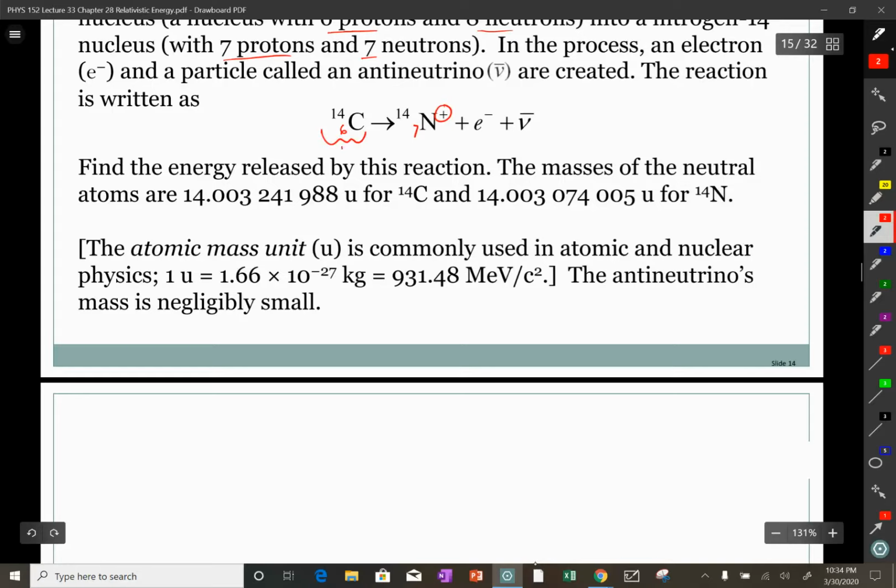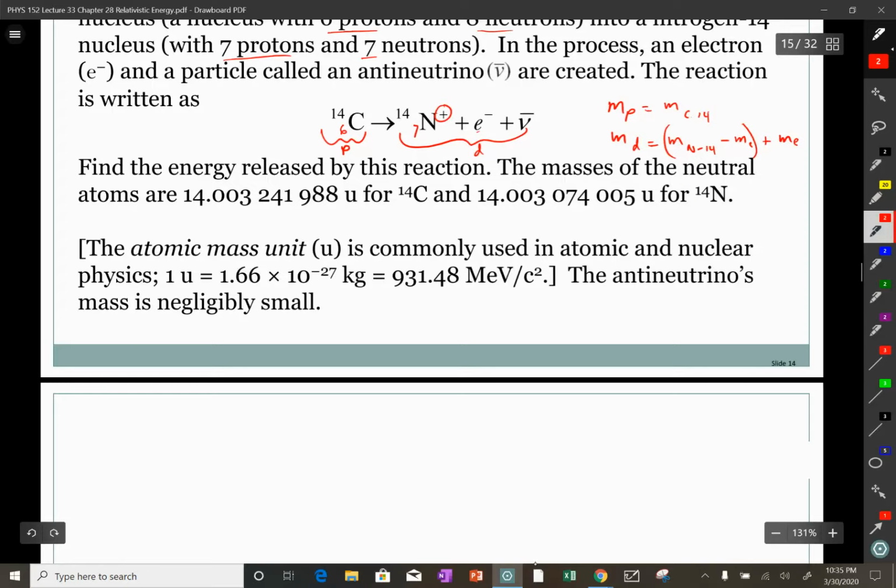Here's my parent. Here's my daughter. So the mass of the parent is equal to the mass of carbon-14. The mass of the daughter is equal to the mass of nitrogen-14, but it's missing an electron. But then we have that extra electron. So this here is the mass of the nitrogen-14 that's missing an electron.